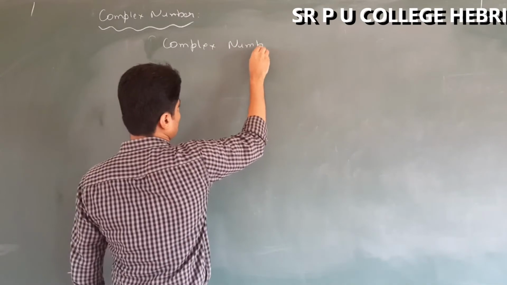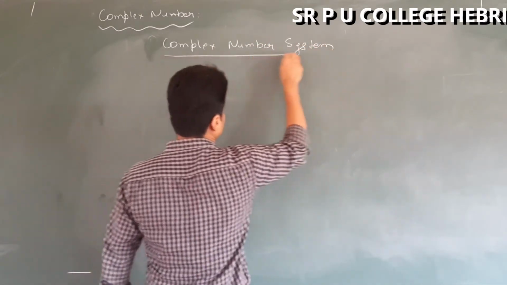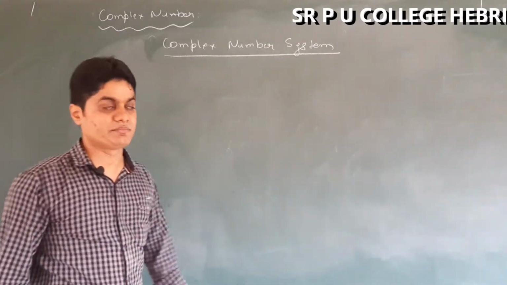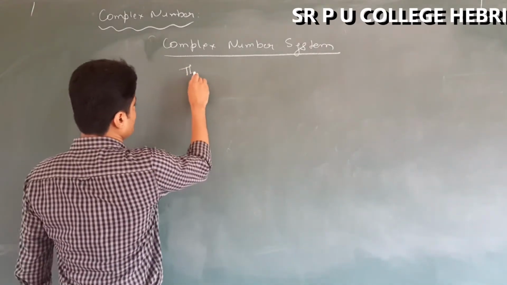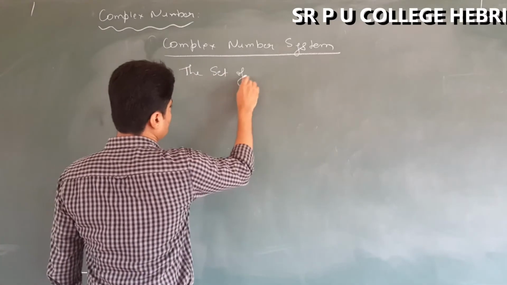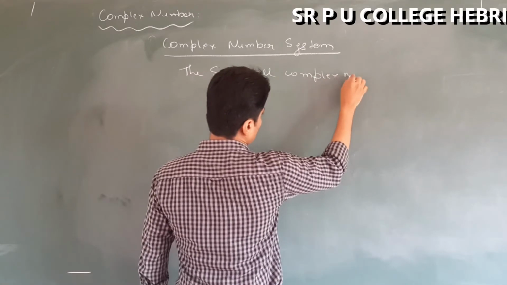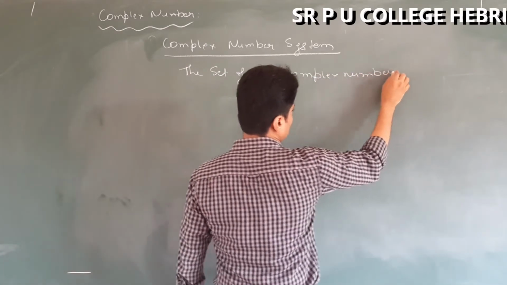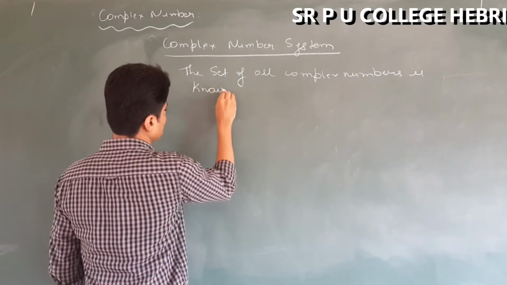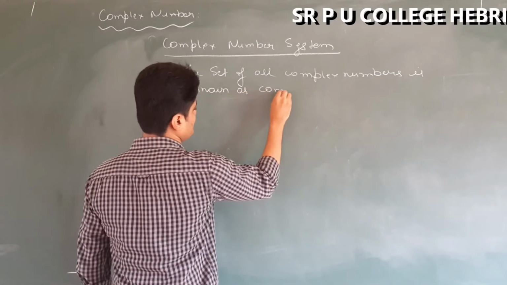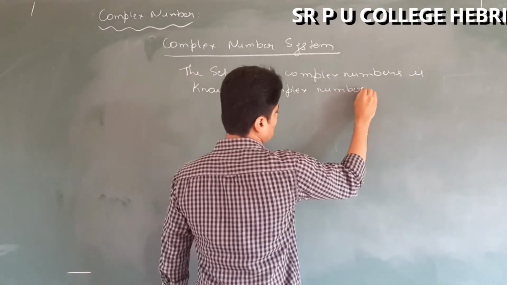Like real number system, integer number system, natural number system, it's known as complex number system. Listen carefully. The set of all complex numbers is known as the complex number system.